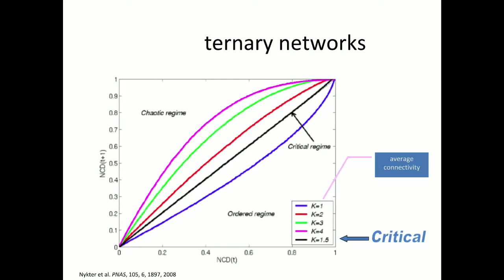Right, so even for ternary networks, the information distance works correctly. So this is nice, because the compressor doesn't really care if it's compressing binary data or ternary data or what kind of data it's compressing. It's just compressing stuff, right? And it correctly captures the dynamical behavior here.